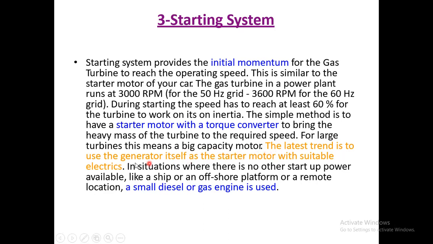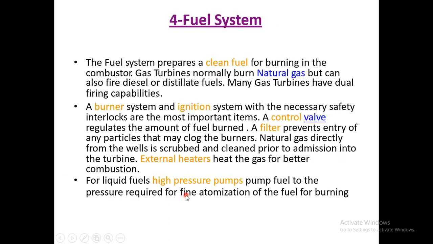The latest trend is to use the generator itself as the starter motor with suitable electrics. In situations where there is no other startup power available, like a ship or an offshore platform or a remote location, a small diesel or gas engine is used.